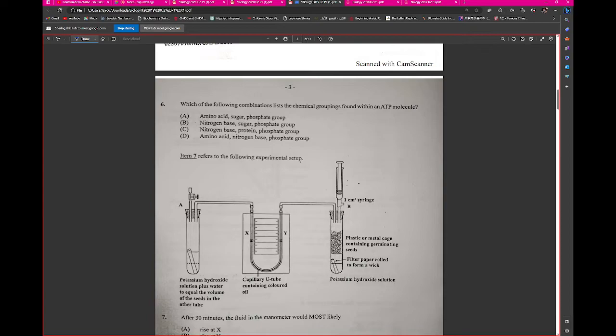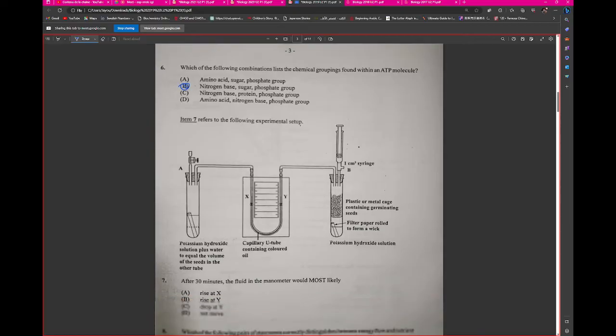So what's ATP? B. It's adenosine triphosphate, right? And adenosine sounds like a base, so it's a nitrogen base, with a sugar and then a phosphate group.